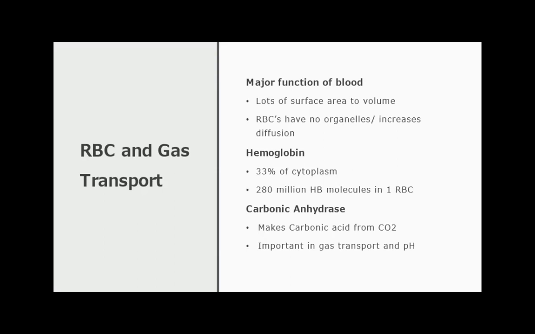Carbonic anhydrase is also one of those forms that allows for transport of oxygen and carbon dioxide within the body. And in the process of that carbonic anhydrase and that bicarbonate, you also have pH balance. Okay, so not only are the red blood cells involved in gas transport, but they're also involved in pH balance. So let's look at this.